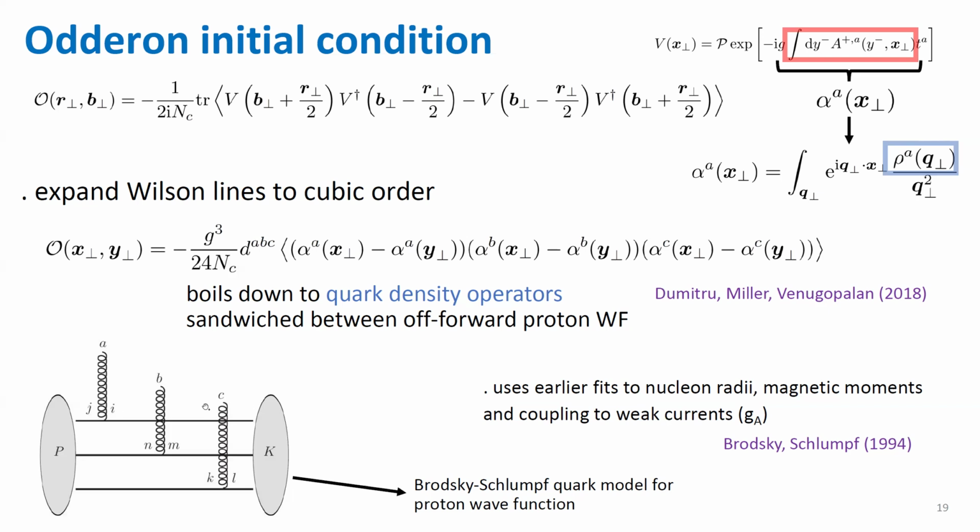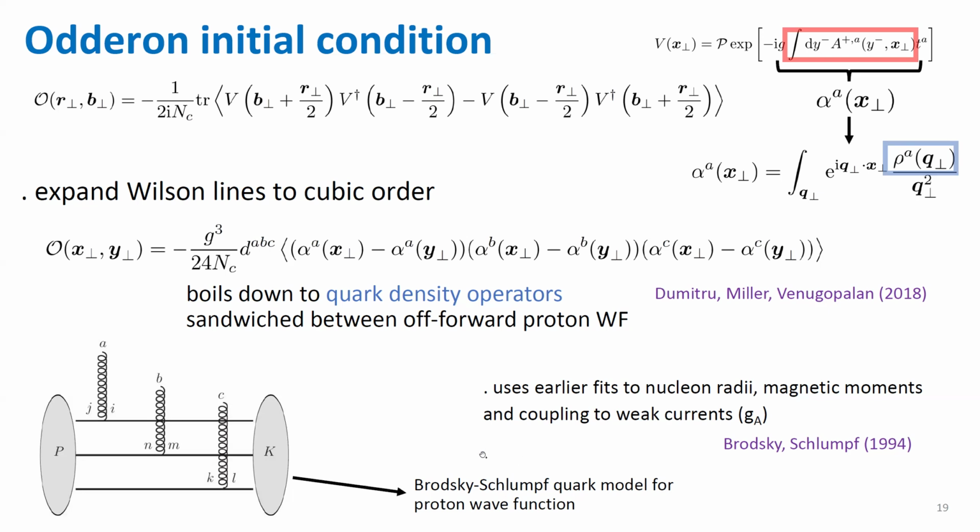So this is how it looks in the diagram. You have these quark densities that are sourcing the small x gluons, and this computation for the quark density operators is performed in the overlap representation that was advocated by the work of Dumitru, Miller and Venugopalan, but this is also coming from earlier works, for example, by Brodsky and Schlumpf.